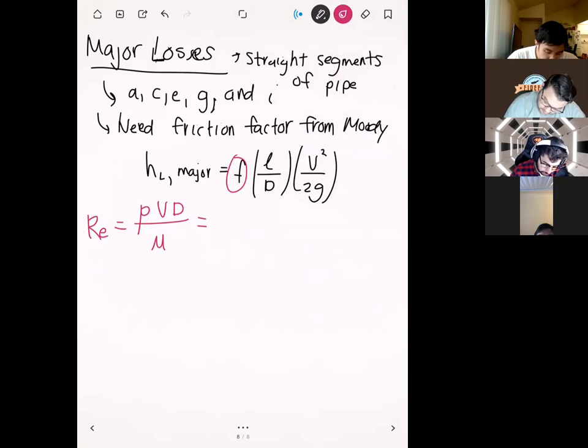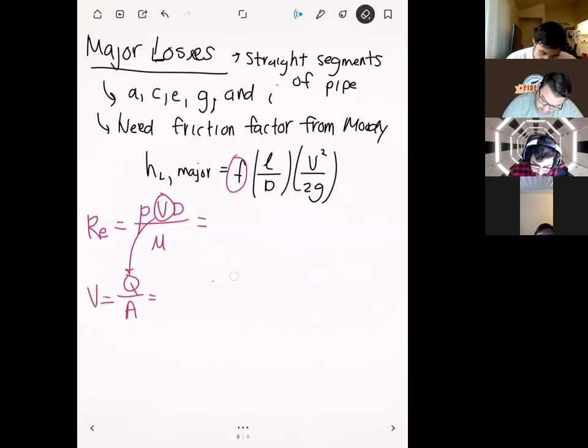We have everything here except for the velocity, but we can easily solve for it from the flow rate. The flow rate is 750 centimeters cubed per second. To get the velocity, we take Q and divide by the area.